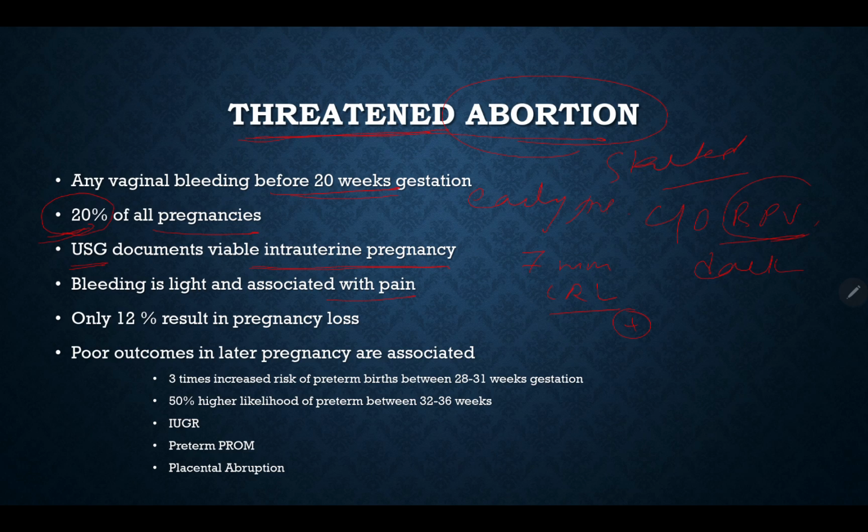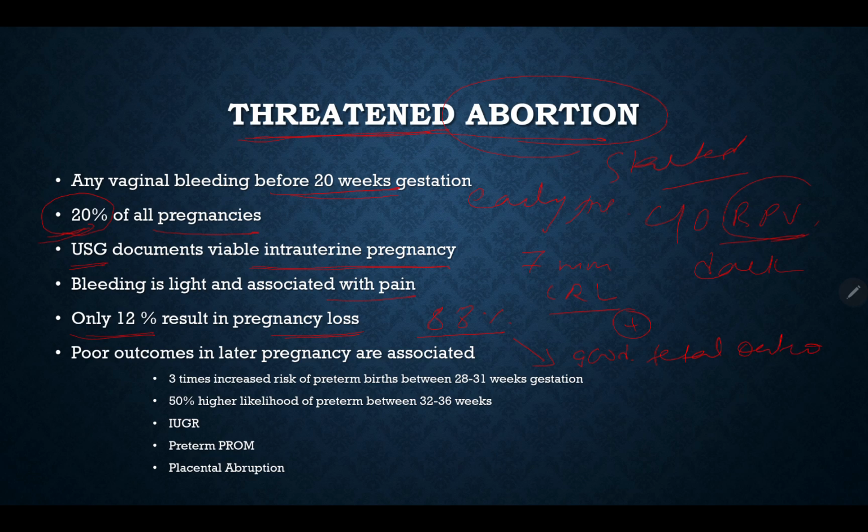And you must understand that 20% of all pregnancies result in threatened abortion, and out of this 20%, only 12% are going to result in pregnancy loss. What is more important here is that almost 88% of threatened abortions will result in a good fetal outcome.